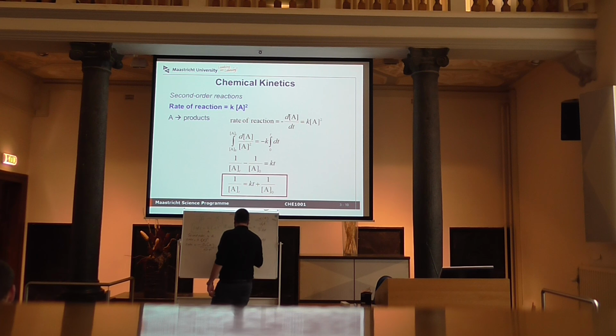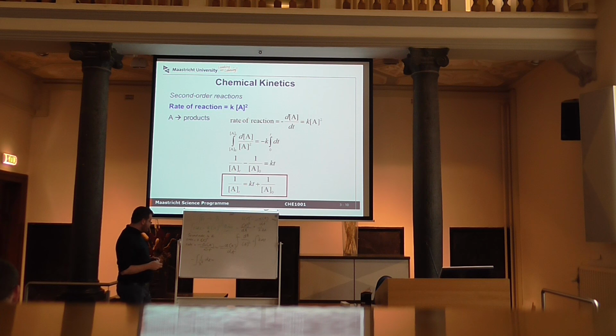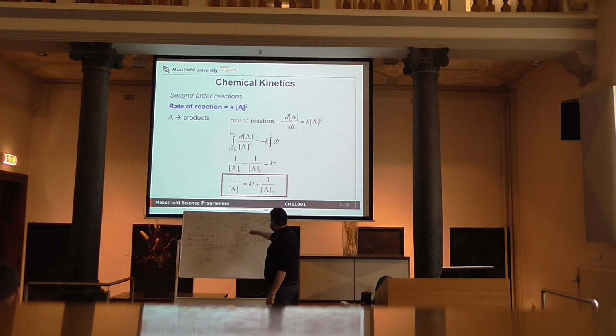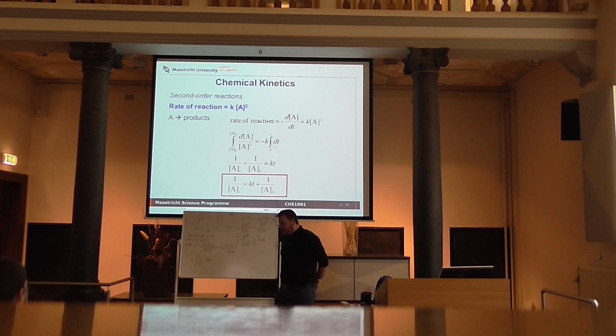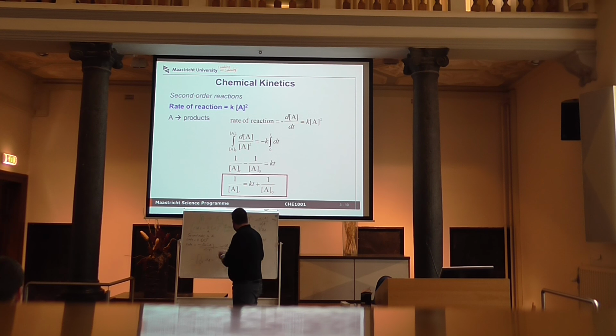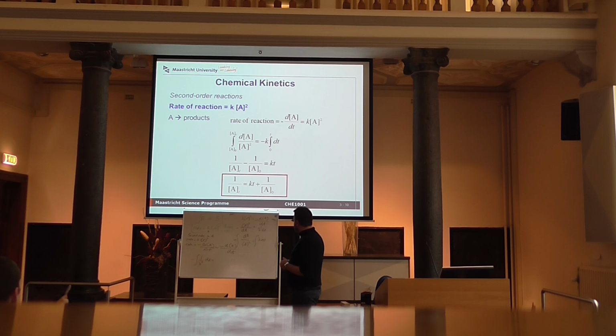Let's do it. So the integral of 1 over x squared dx is minus 1 over x, sorry. And so you can use the antiderivative of this integral expression and you end up here. Sorry, the k should be outside the integral.